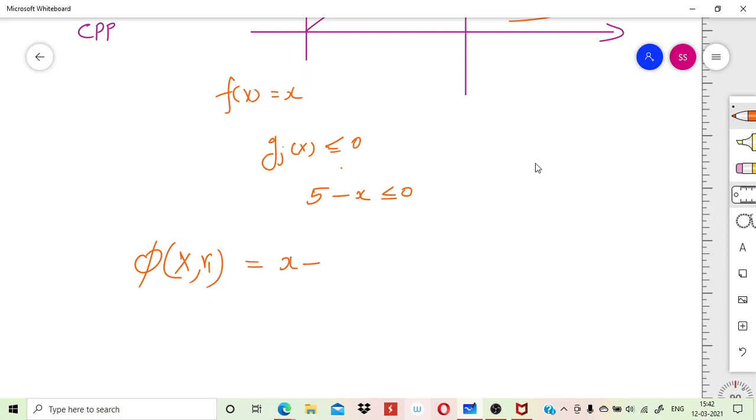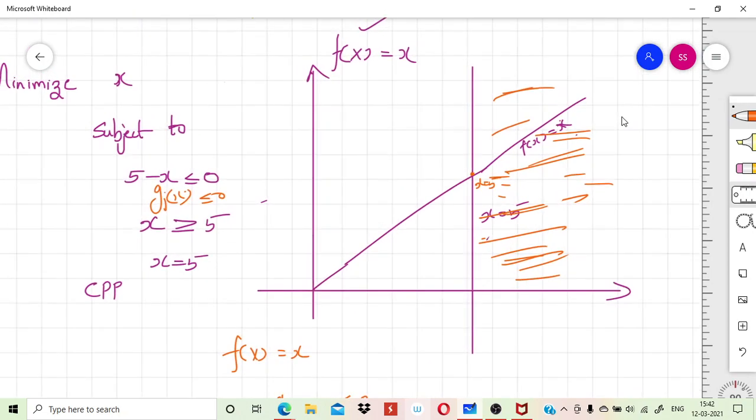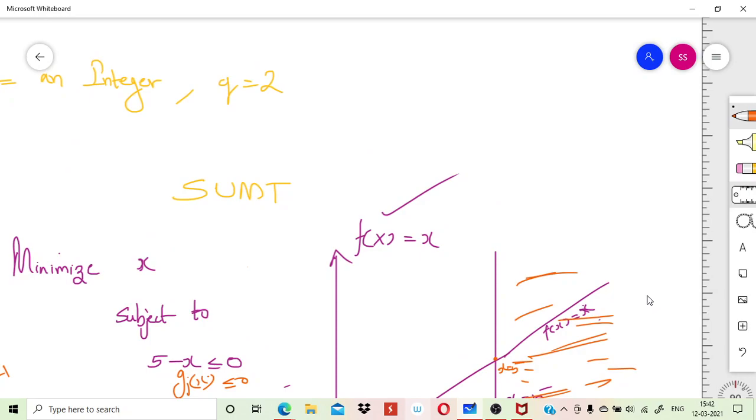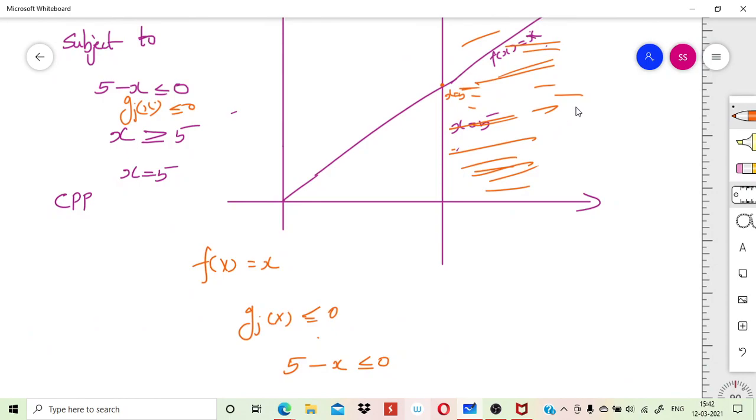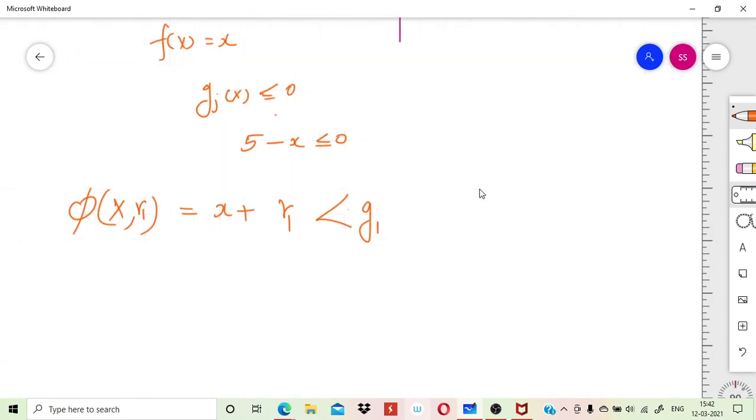So x plus r1, sigma j equal to 1, we get g1 of x to the power q, where we take q as 2.